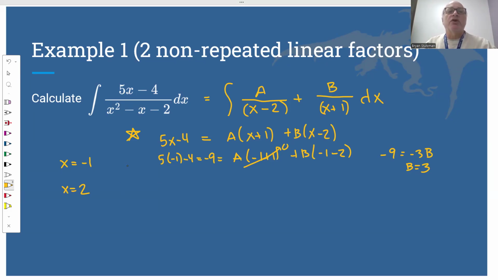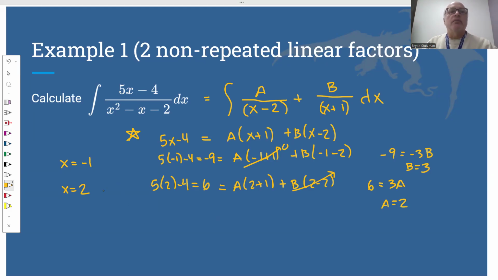So plug it into my star equation, 5 times 2 minus 4, which is 10 minus 4, which is 6, is equal to a times 2 plus 1, plus b times 2 minus 2. That disappears. So I get 6 is equal to 3a, or a is equal to 2.